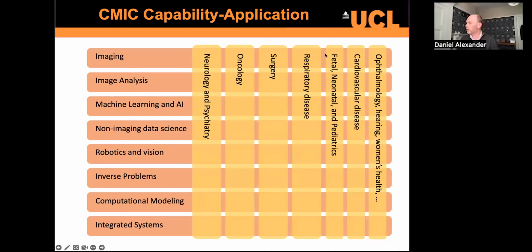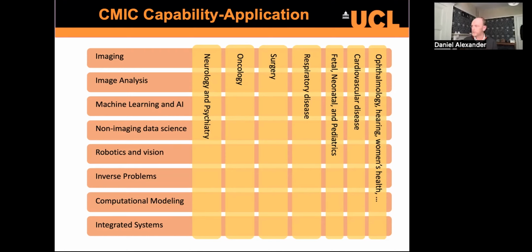Probably the biggest four applications for us are the first four here: neurology, oncology, surgery, and respiratory, but by no means do we limit ourselves to those topics, and we certainly have smaller activities in a range of other application areas.